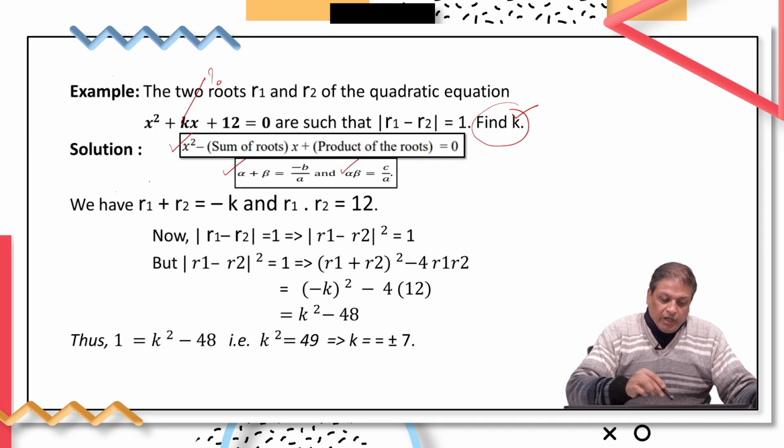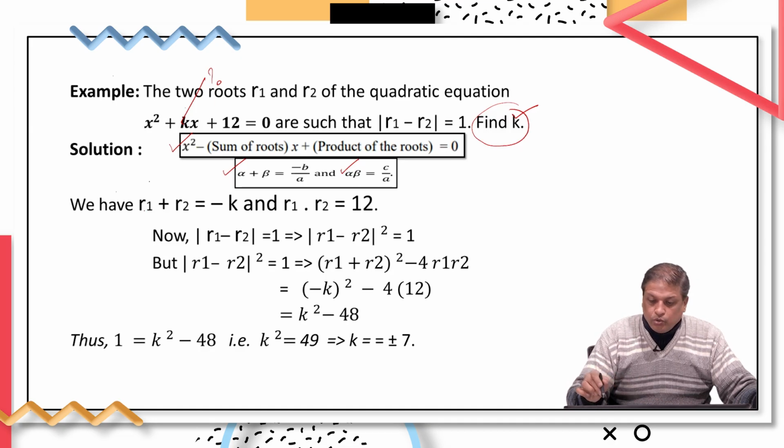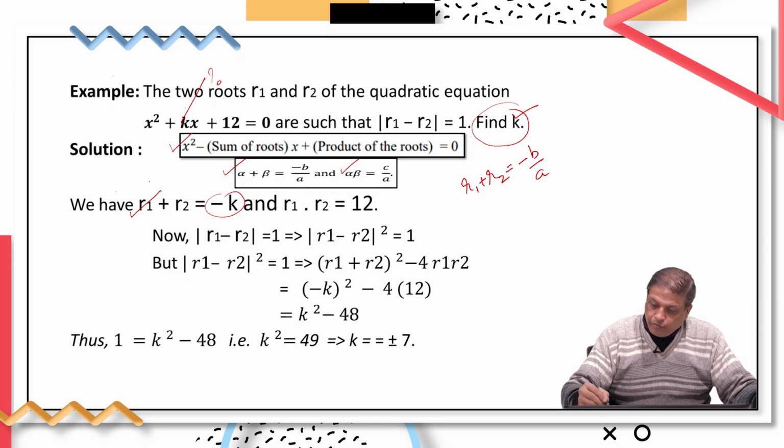And we know that the sum of roots is minus b by a and the product of roots is c by a. Now, for the two roots r1 and r2 of the quadratic equation x square plus kx plus 12 equal to 0, say this is alpha and say this is beta.